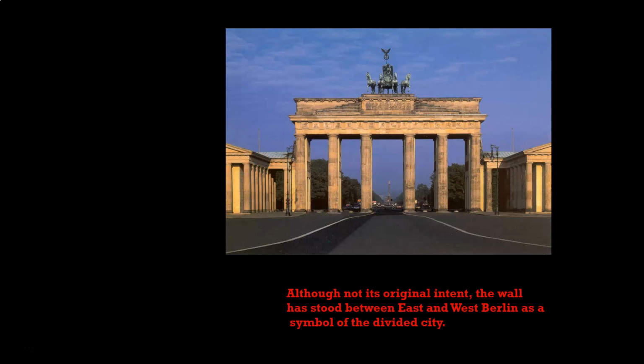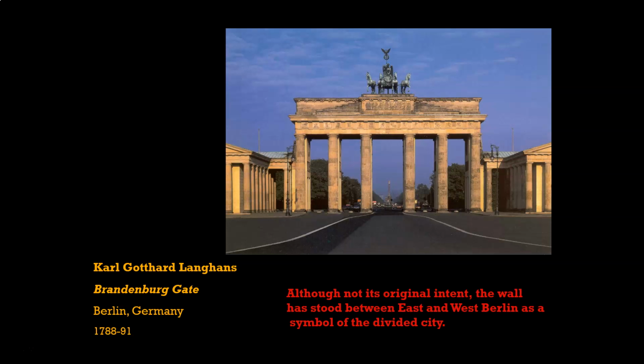Definitely have to know this piece. This is the Brandenburg Gate in Germany. It is definitely a neoclassic style with its post and lintel style right there. The gate was not built to stand as a divider between East and West Berlin, but it became a symbol of the division between East and West Berlin, just because of where it was.